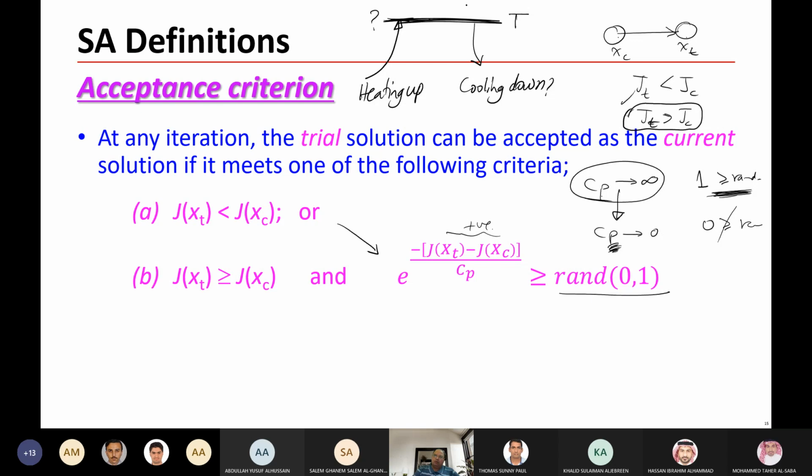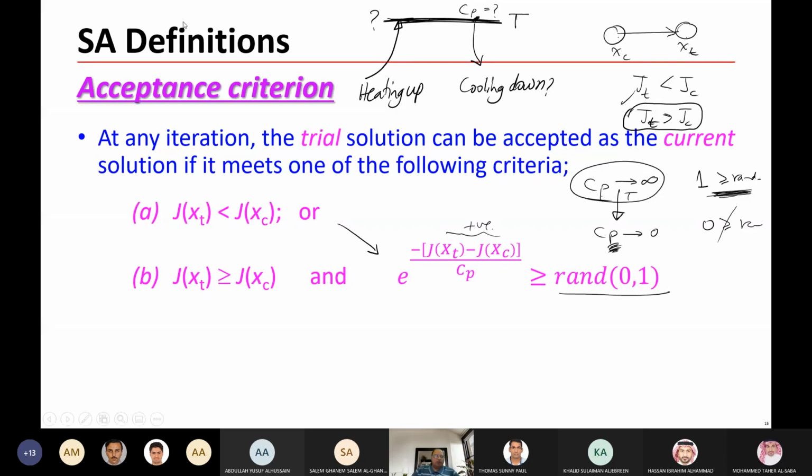Which CB value, in order to say okay, we will stop heating up, we reach the temperature level at which almost any trial solution will be accepted if CB or temperature is very high. So we need to find out at which temperature, or what value of CB, simulates the melting point of the material, and then we can start cooling down.